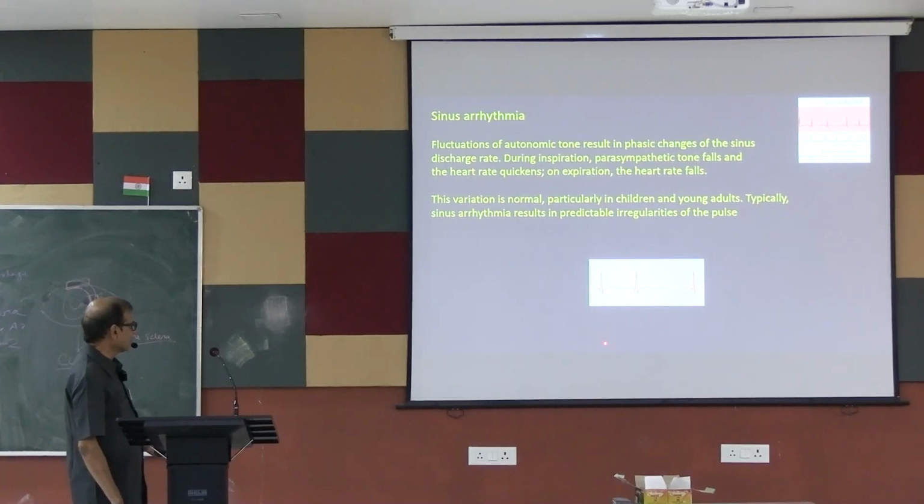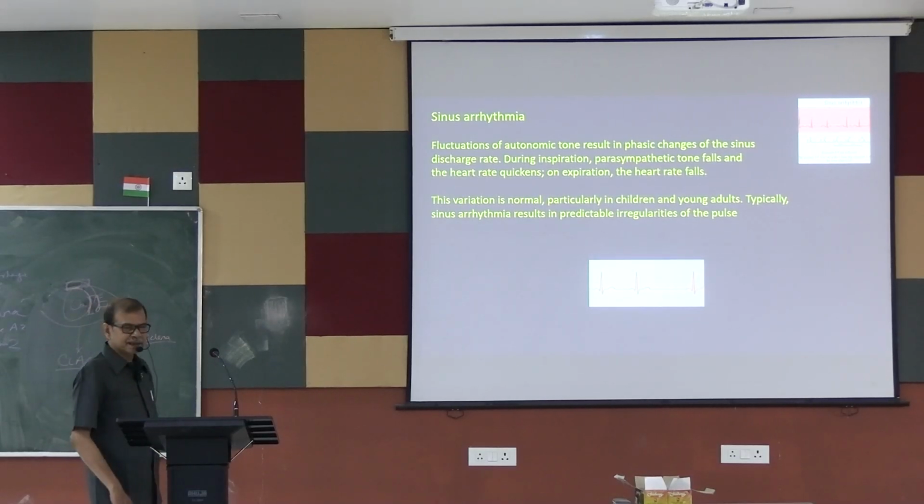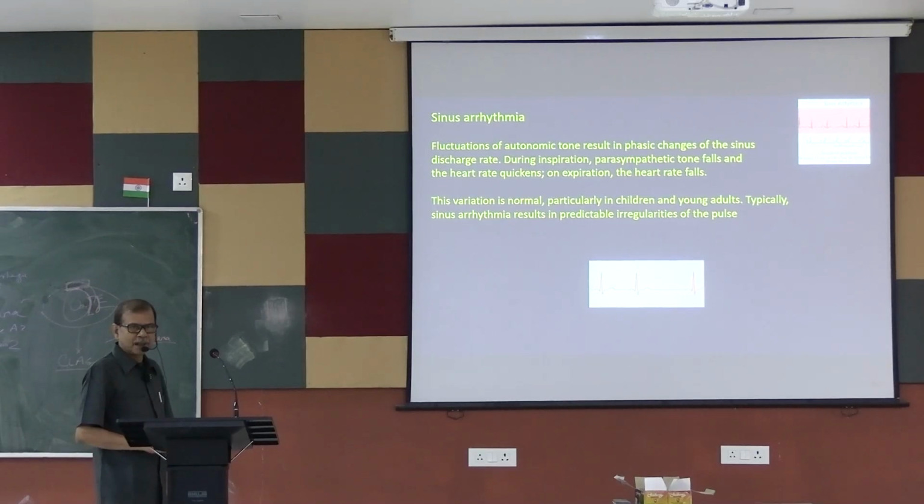P configuration normal, QRST segment normal, but this interval is shorter compared to that one, and this is totally related to respiration. This is with expiration and this is with inspiration. No change in the configuration of the P or QRS or T, only the change in the rate and relationship with respiration.